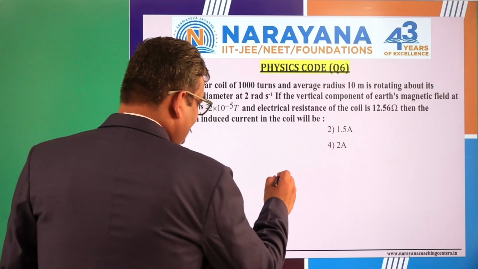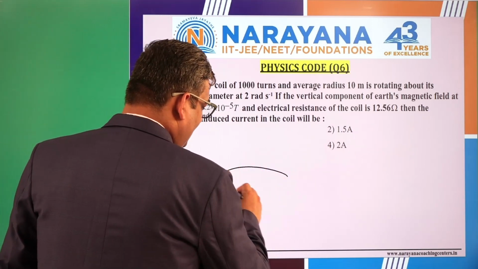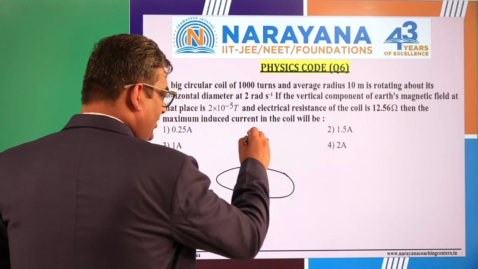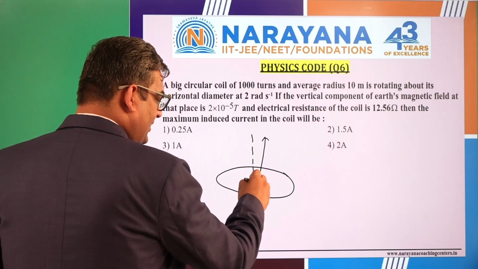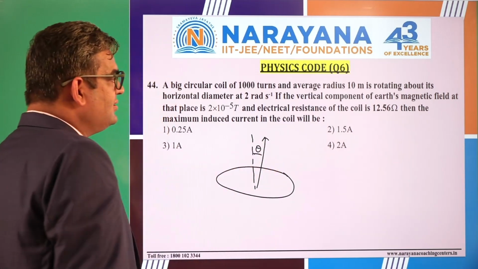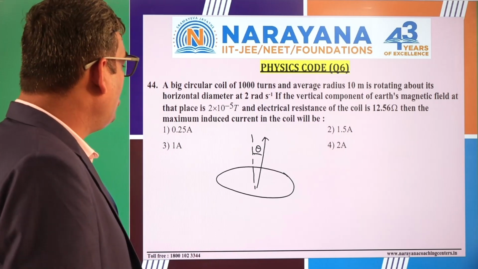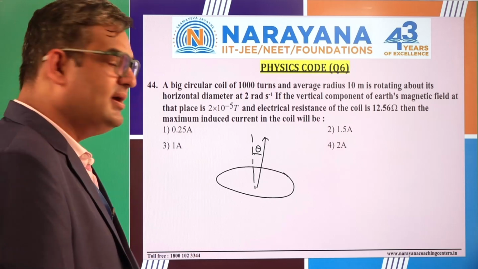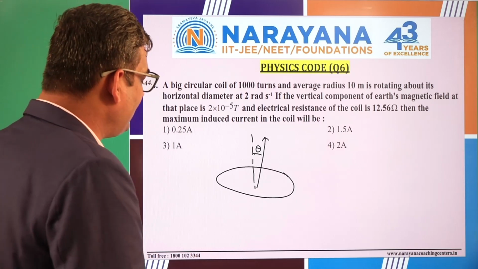If we write this at a general point where area vector has already rotated with vertical by an angle theta, and the question has given us vertical component of Earth's magnetic field as 2 into 10 raised to the minus 5 Tesla.